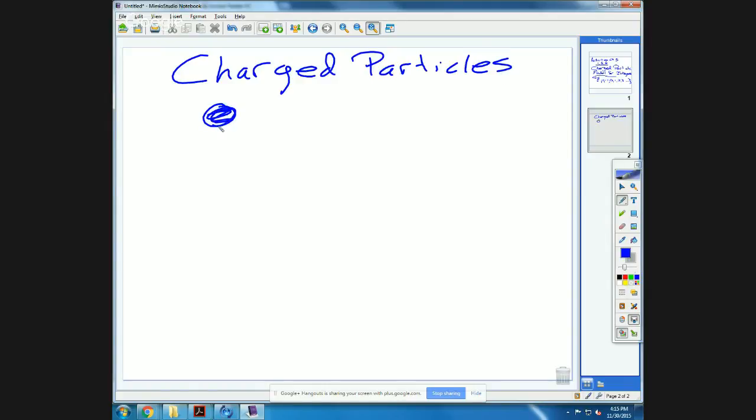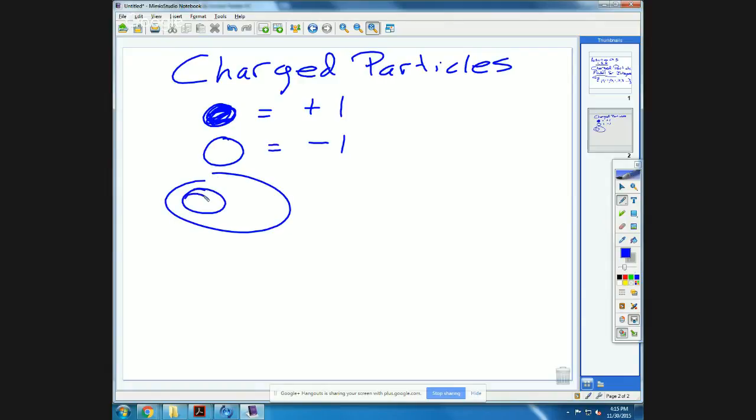A solid one is a positive 1, and a not solid one, a white or yellow, is a -1. And if you put a solid one together with a not solid one, you get nothing, or 0.